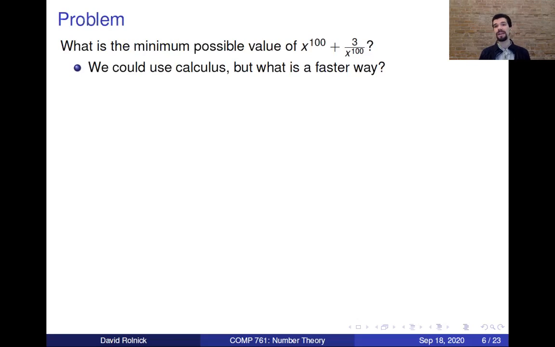There is a faster way and maybe a nicer way. So we'd like to find the minimum possible value. So we'd like to show that this is greater than or equal to something.